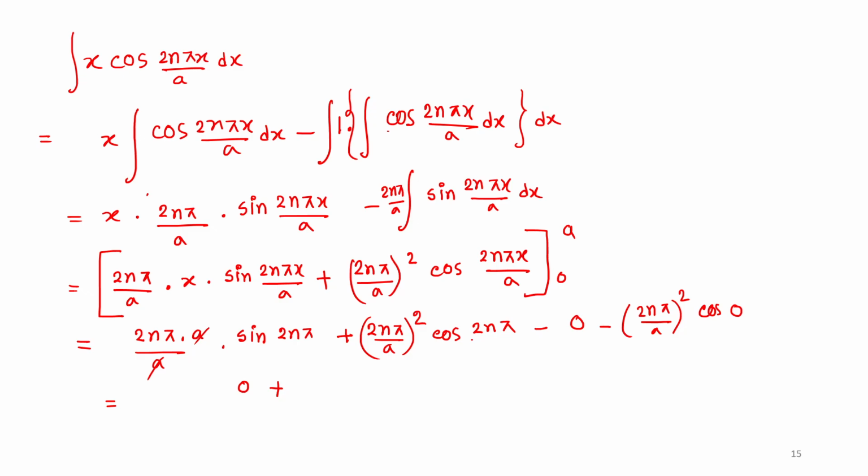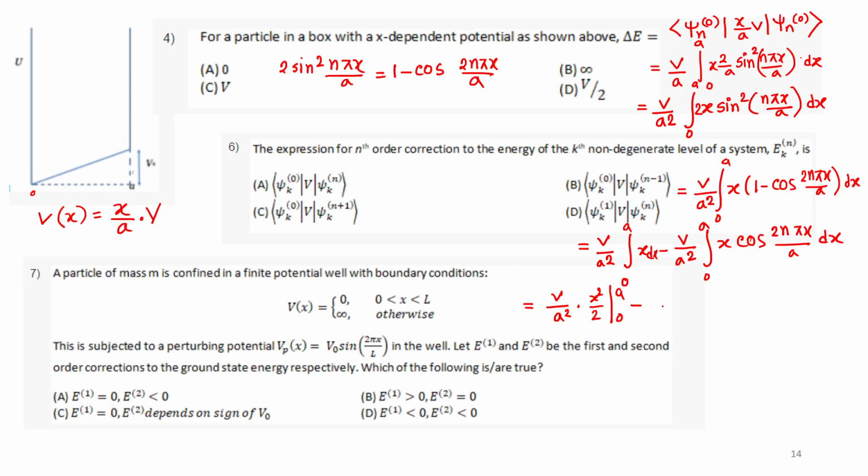So cos 0 is 1, cos 2π is 1, then obviously cos 4π is going to be 1. So this is (2nπ/a) whole square, and this part is 0, and this is minus (2nπ/a) square. So overall this part is not going to lead to anything, so actually 0. So from here we are going to get zero for the second integral.